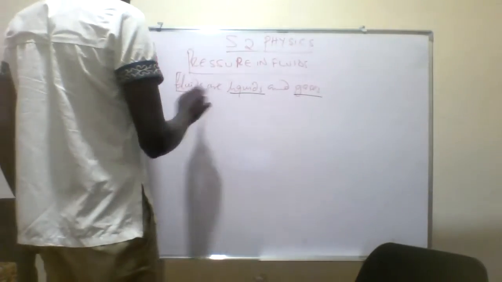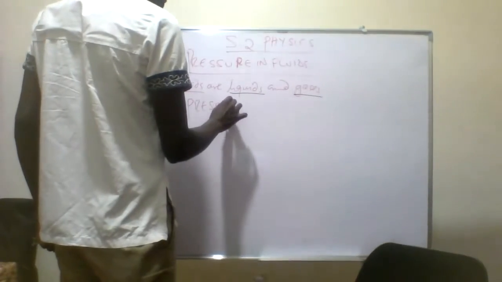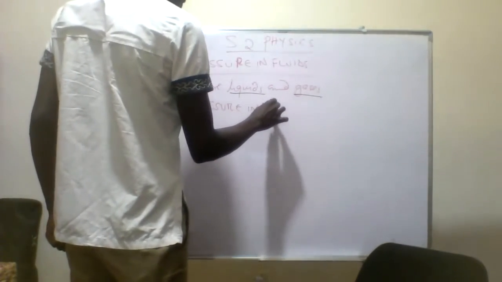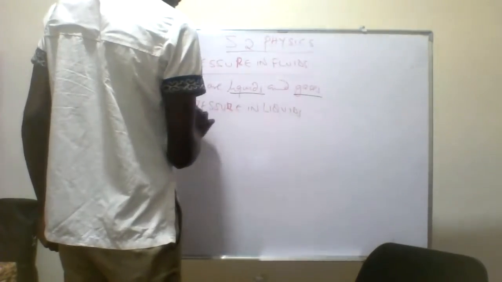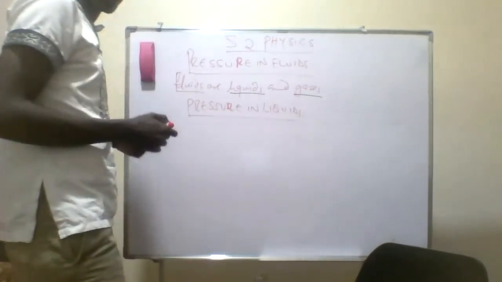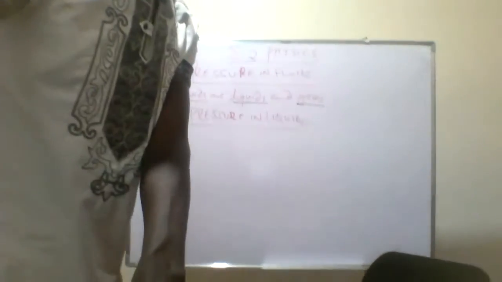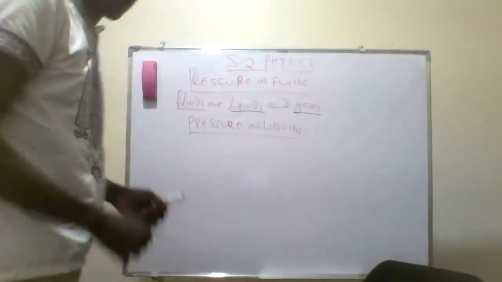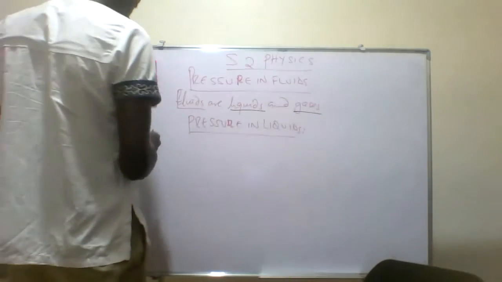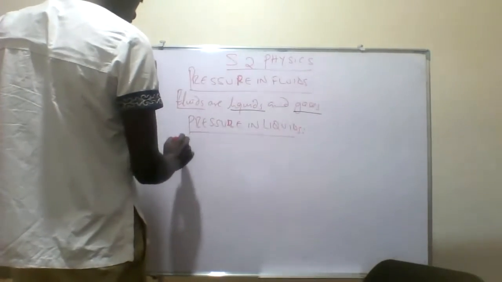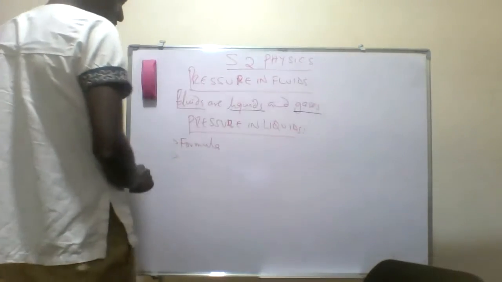So, the first that we are looking at in this tutorial is pressure in liquids. That's the first thing that we are going to look at. Under this, we need to know the formula for pressure in liquids. We need to come up with a formula.